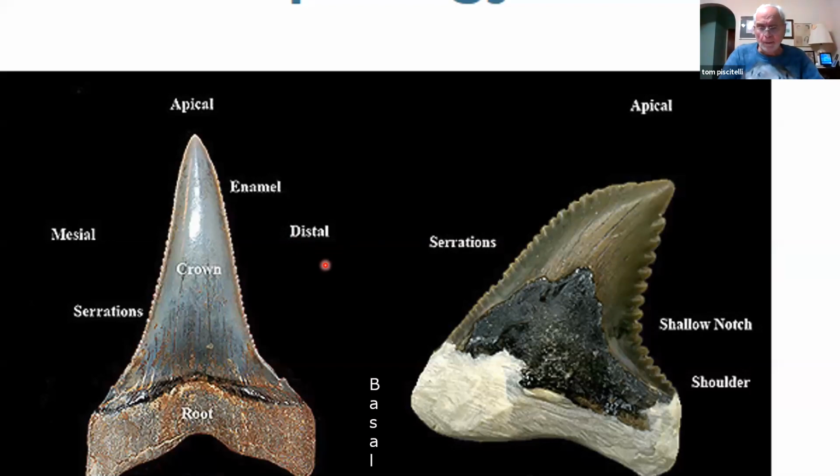We're going to discuss what those mean shortly. The cutting edges on both of these teeth have serrations, or jagged edges. Let's talk about serrations next. Next picture, please.